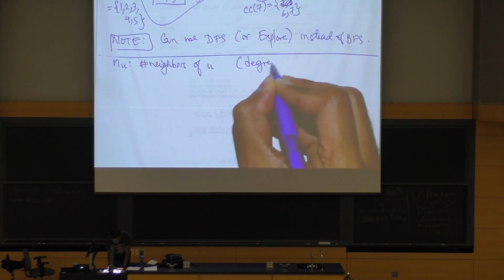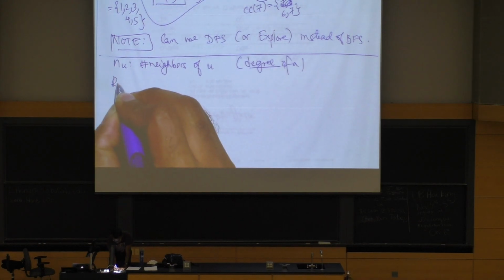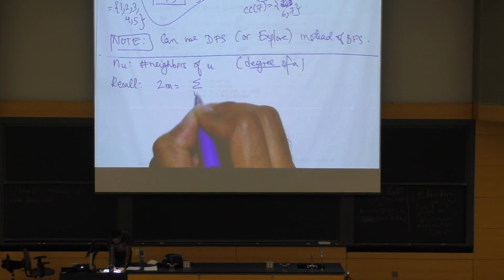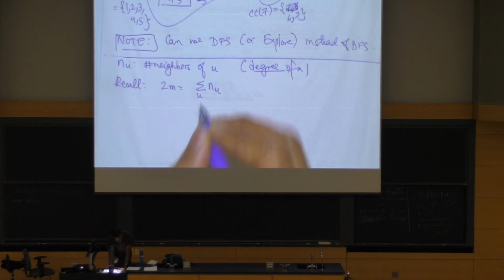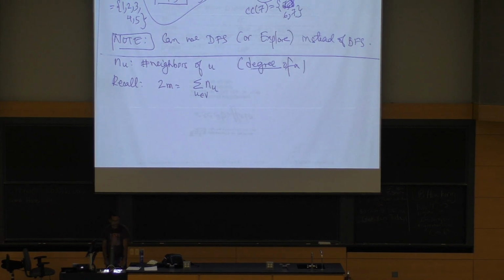It's also called the degree of u. So you have vertex u and a bunch of edges going out, and it's the number of those going out. As I said, we just proved that 2m is the sum over all vertices u of n of u.